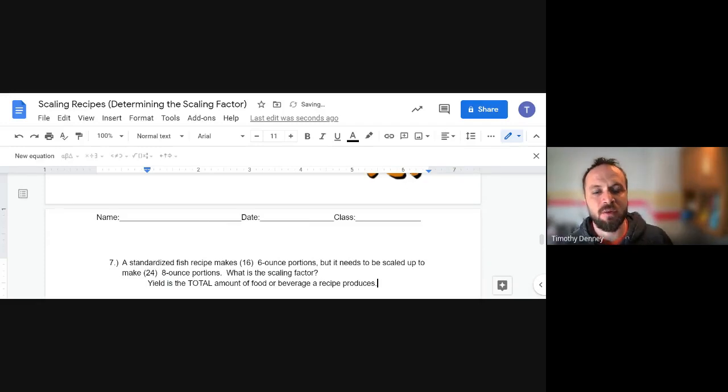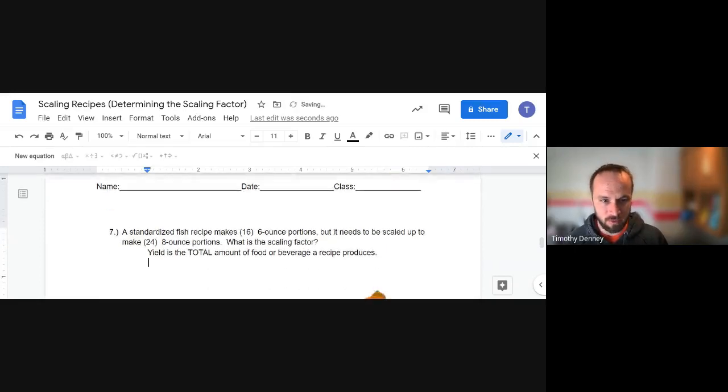So we have 16 plates that each have 6 ounces of fish on them, but how many total ounces is that? So before we do our scaling factor calculation, we have to make sure we understand how much our yield is, okay? And it's not too hard to do that. If you have 16 plates that each have 6 ounces on them, how many do you have total? 16 times 6.